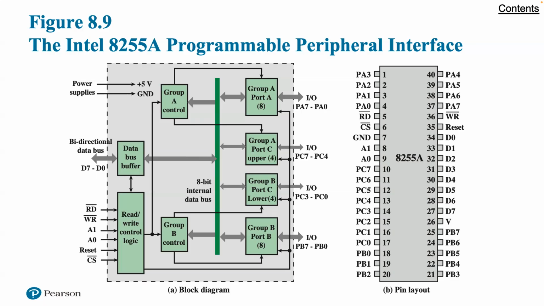The left side of the block diagram is the internal interface to the microprocessor system bus and includes an 8-bit bidirectional data bus, D0 through D7, used to transfer data between the microprocessor and the I/O ports and to transfer control information. The processor controls the 8255A by means of an 8-bit control register in the processor.